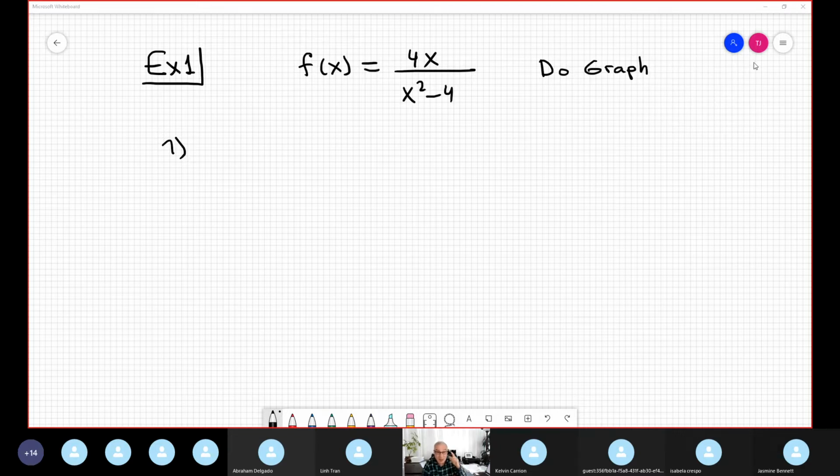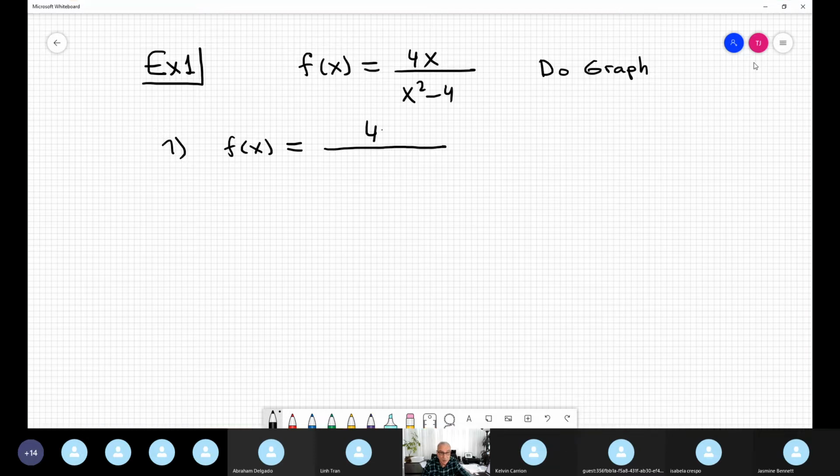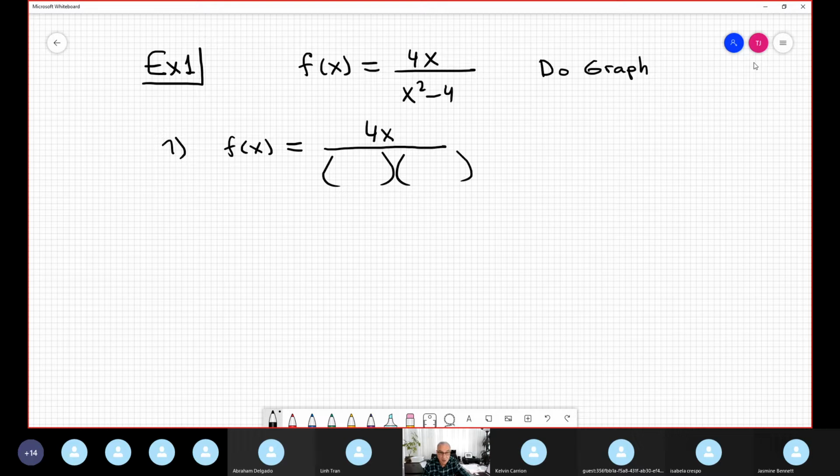Okay, guys. Step number 1 is factorization. Factorization of what? Factorization of the top, factorization of the bottom. Let's do it. In the top, we have only a monomial. We cannot do anything. But in the bottom, yes, we have a binomial, by the way, it's a difference of squares: +2 and -2. Exactly. This is the factored form.